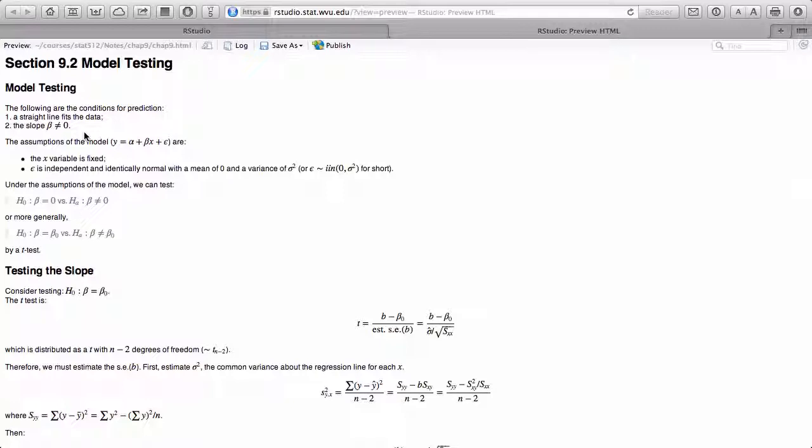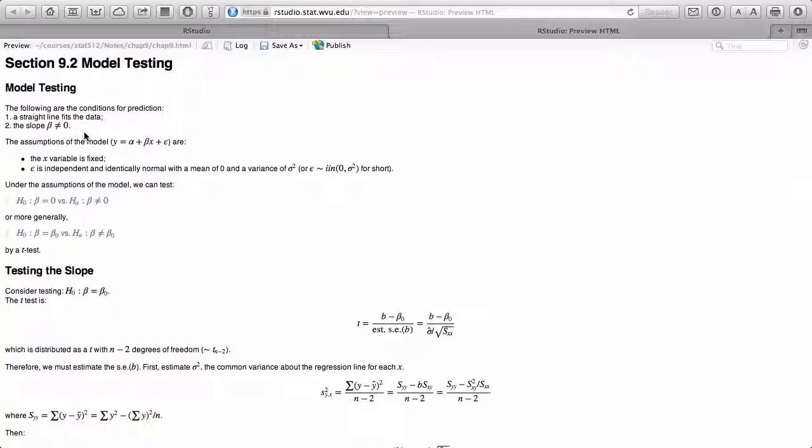Now, if I don't assume that epsilon has mean 0, then the mean of y given x will not be alpha plus beta x. It'll be alpha plus beta x plus whatever the mean of epsilon is, which will shift it. But again, we incorporate that mean back into the model. And if the model is not correct, in other words, if the alpha plus beta x is not correct, and we can look at that assumption, then in fact, we maybe need a more complex model.